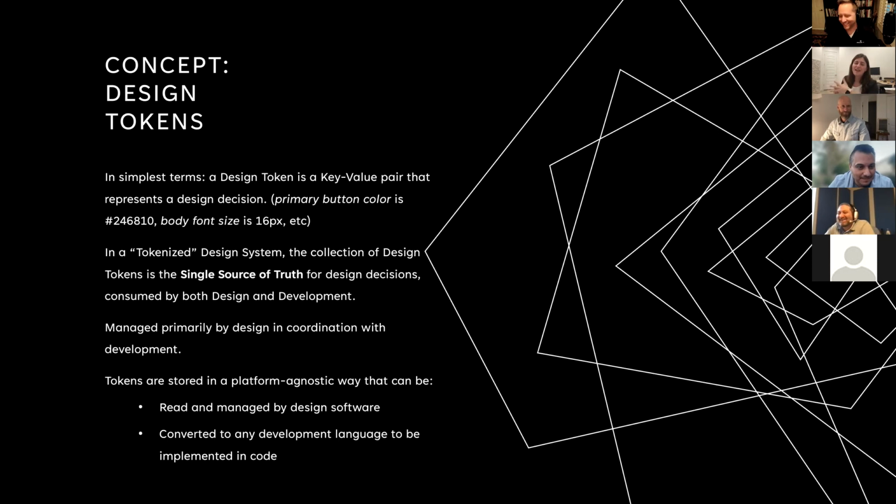But yeah. So in a tokenized design system, the collection of design tokens is your single source of truth for design decisions. While a single token represents one design decision, the collection of them should be your overall brand cohesiveness. They should all work together. And these design tokens are consumed by both design and development.